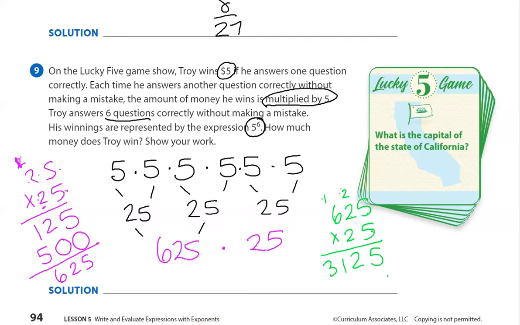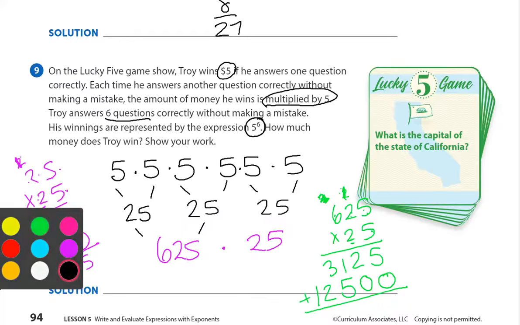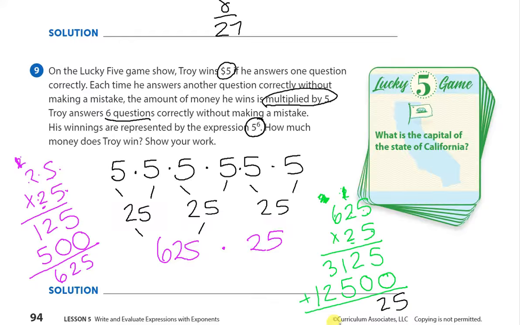Now I've got to use a 0 for a placeholder before I can use this 2 right here. 2 times 5 is 10. Carry the 1. 2 times 2 is 4, plus 1 is 5. 2 times 6 is 12. That was used before, don't get confused. 12. Add that all together. 5, 2, 6, 5, 1.